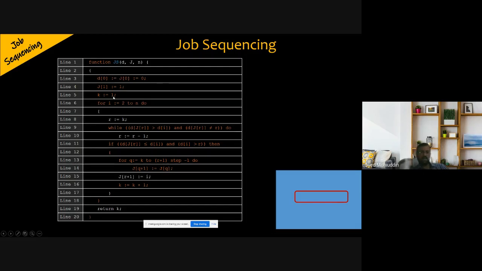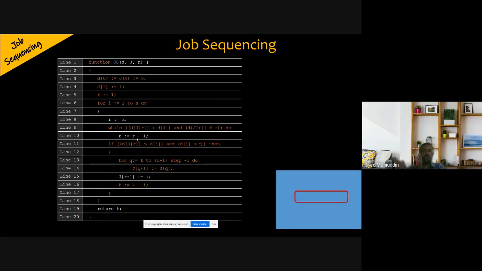Then K is the variable used, we assign it to 1. For 2 to n, that is what we have seen in the easier algorithm there. 2 to n, we will take a variable K, and a temporary variable R which is assigned. While the deadline of this job is greater than D of I, the deadline which is available, and this deadline is not equal to R, means the slot is not filled, then reduce R. So we start from the last.